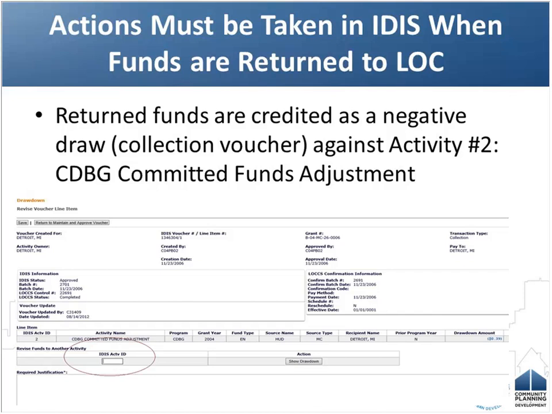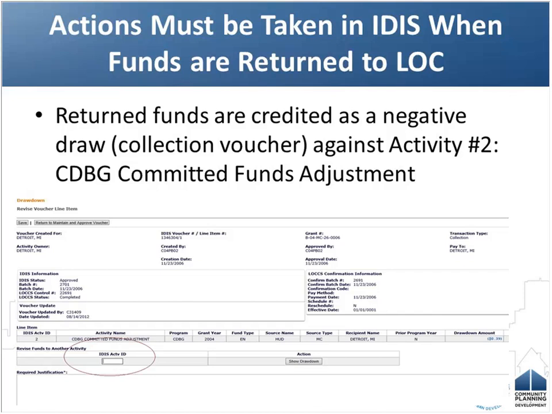So you revise that voucher to admin activity 100. On this screen, the IDIS activity, you will enter 100. And then you show drawdown action, and then you will enter negative $10,000.